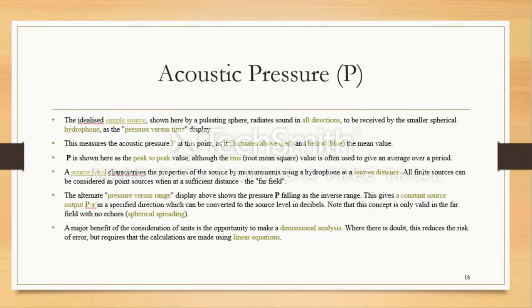The acoustic pressure. The idealized simple source shown in the previous picture, the pulsing sphere, radiates sound in all directions and is received by the smaller spherical hydrophone. That little ball is the hydrophone. Its place is constant and fixed, and the distance between the hydrophone and source is a fixed distance.